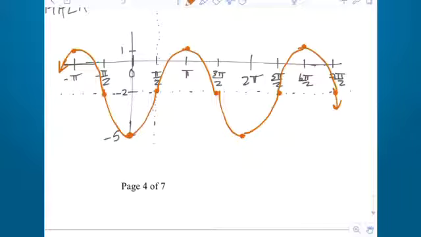What would be the coordinate of an inflection point? Anyone? Negative pi halves, negative 2, pi halves, negative 2, 3 pi halves, negative 2. Any point on the sinusoidal axis would be an inflection point. I could ask you on what interval is the function increasing, and you could say from x equals 0 to pi, decreasing from pi to 2 pi, so on and so forth.